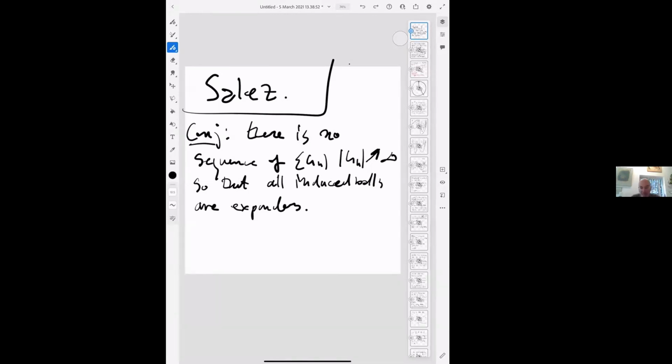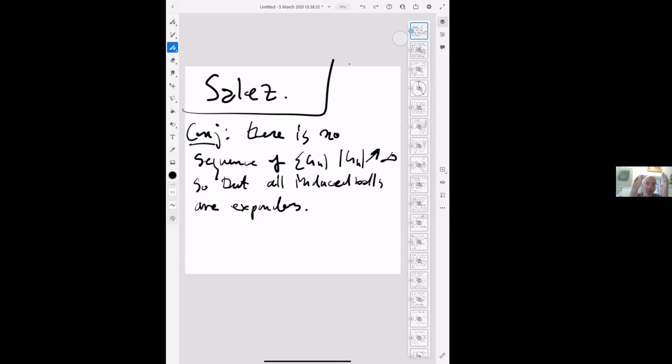Okay, so I have this question. I believe that there is no sequence of growing graphs that are expanders at the same time on all balls. If you look at typical random graphs, random d-regular graphs or Margulis graphs, they have girth proportional to the diameter.